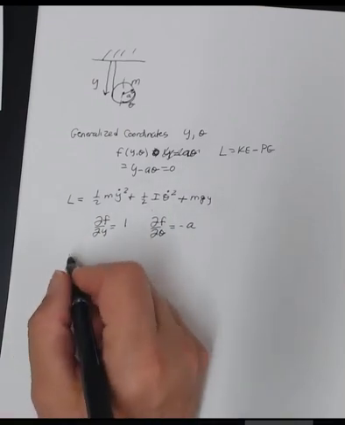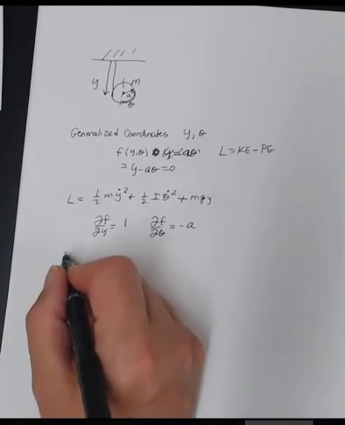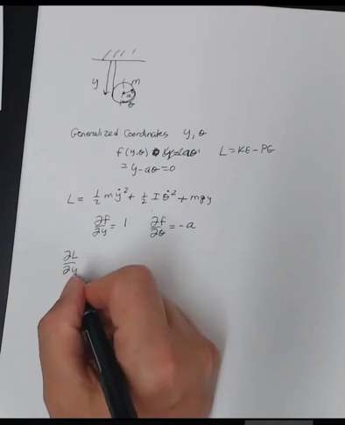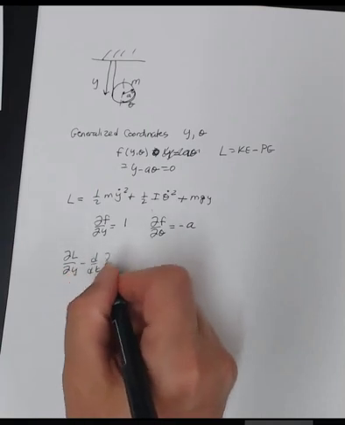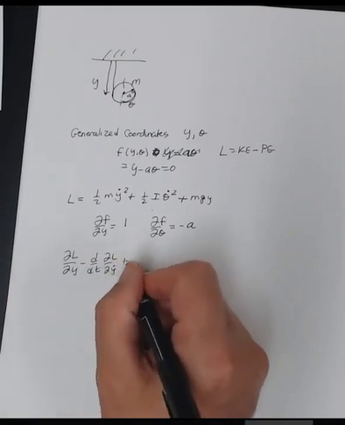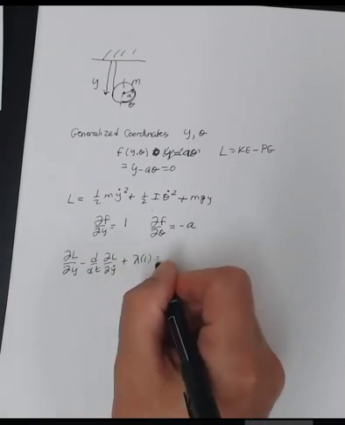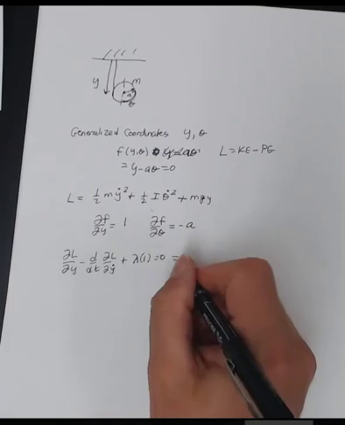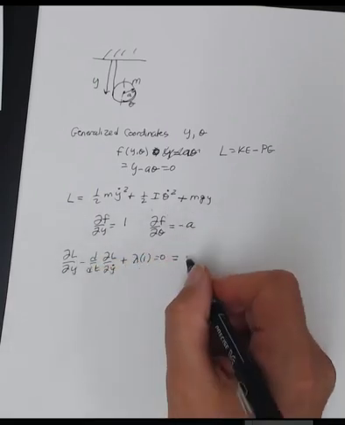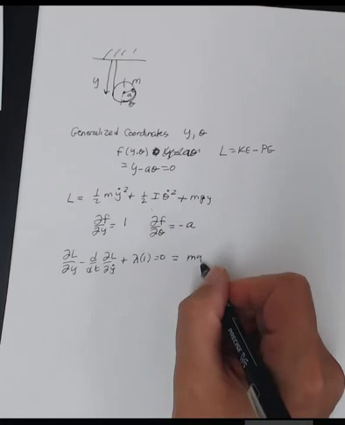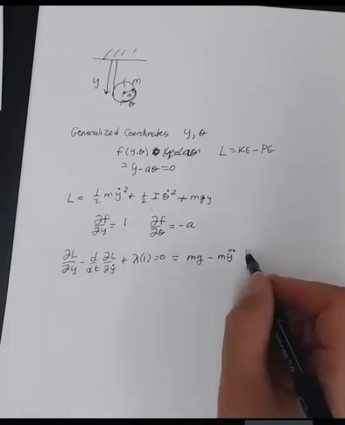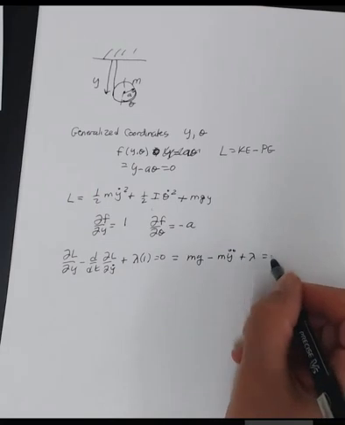So our Lagrange equations are going to become, I'll write them down, dL/dy minus d/dt dL/dy dot plus lambda times 1 equals 0. And this is going to give me dL/dy is mg. So I'm going to get mg minus m y double dot, that's this term, plus lambda equals 0.